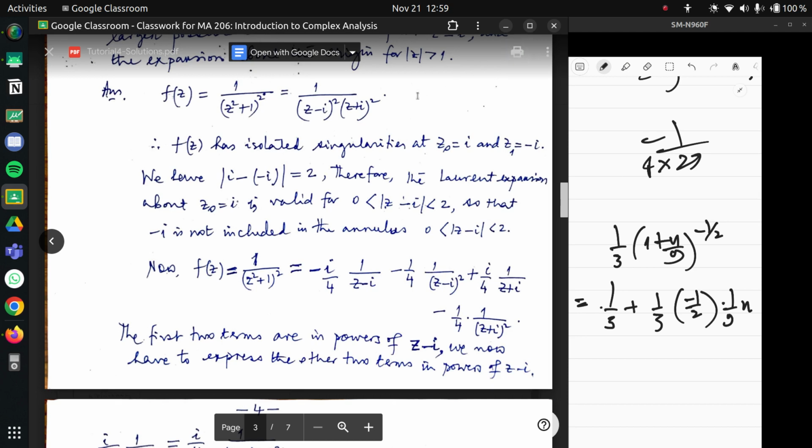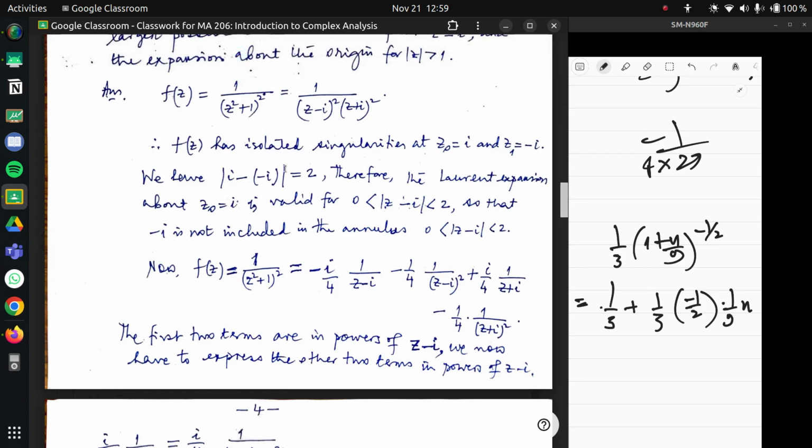The other guy over there. How did they come up with this directly? I don't know. If iota minus iota equal to 2. I know what they're doing.